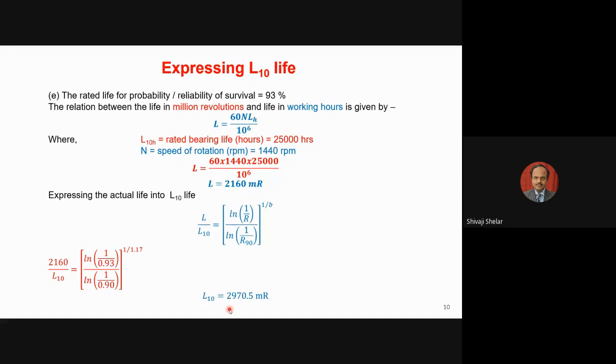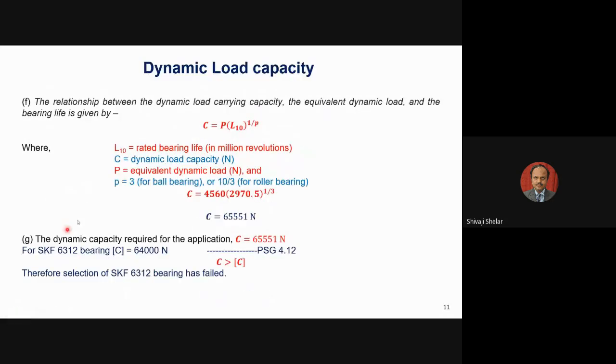Now we know the equivalent dynamic load for your 6312 bearing. So for that 6312 bearing, let's calculate what dynamic capacity is required to have reliability of 93%. In the next slide, I'm doing that calculation. We are doing the calculation here for a rated life of 2970.5.